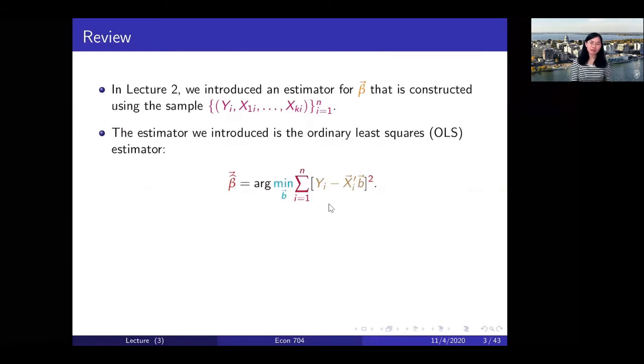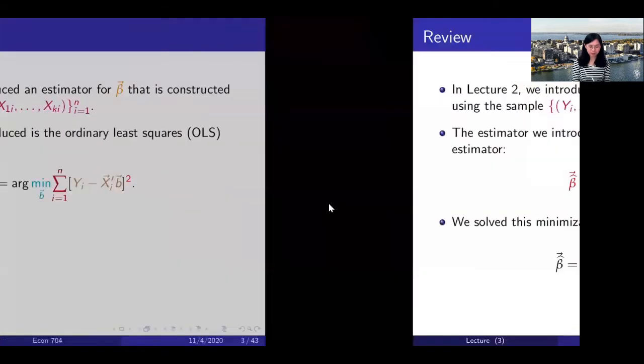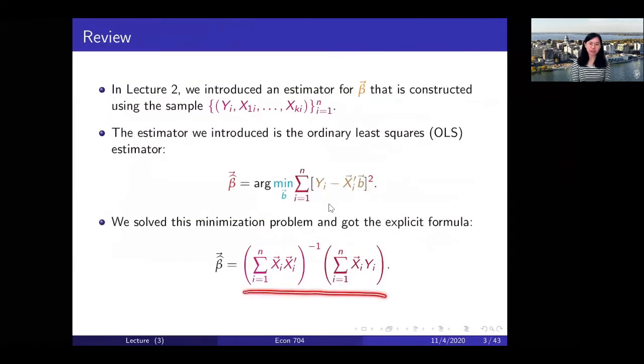Written in vector form, the least square criterion function is like this. If we solve this minimization problem, we get the formula for the ordinary least square estimator, which is this: the inverse of the sum of x vector times x vector prime, times the sum of x vector times y.